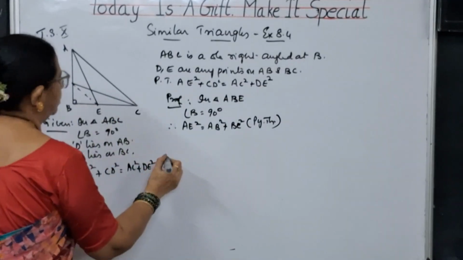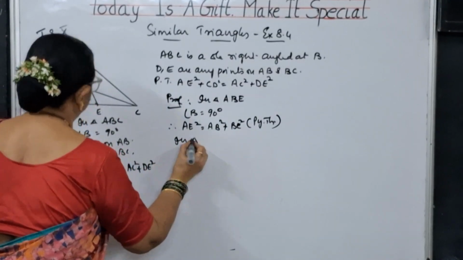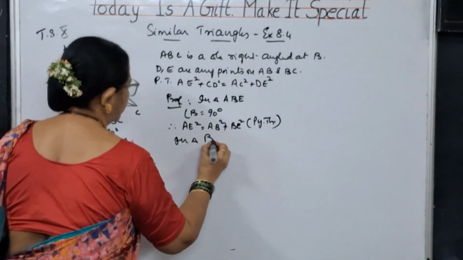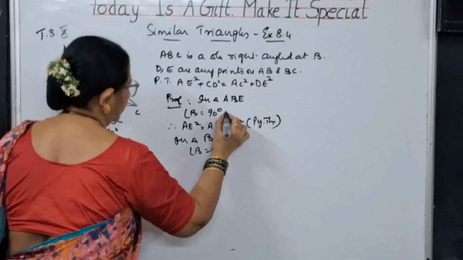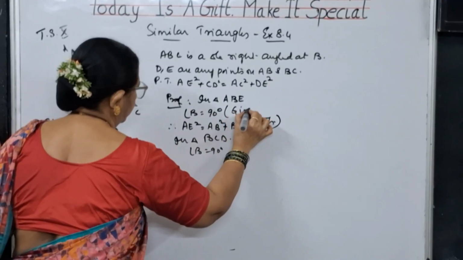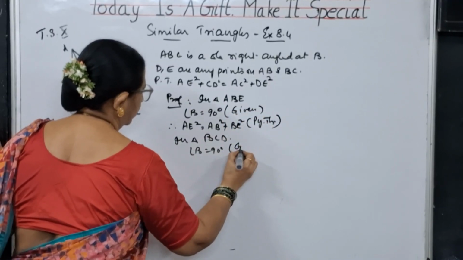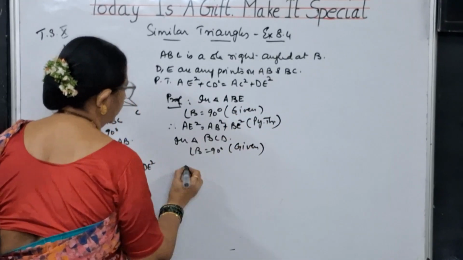Now, CD means you take triangle BCD. Angle B is equal to 90 degrees. This is given to us, children. Here also I have to write it is given to us.